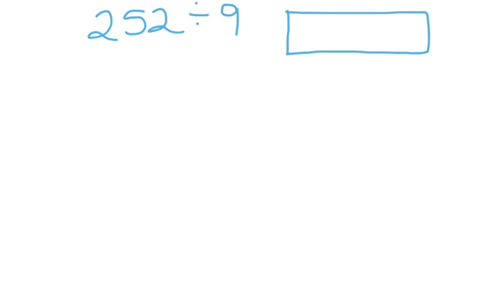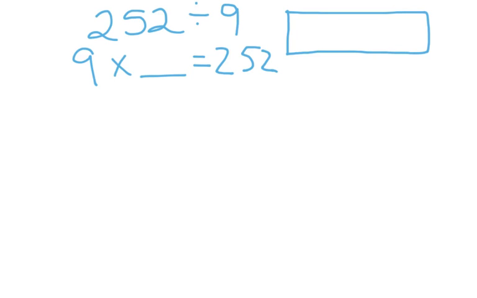Well, the place value strategy, believe it or not, is one of them. Here's the thing that we want to try to figure out. Another way of looking at 252 divided by 9 is 9 times something is going to give us 252. Well, obviously, this is not one of our basic facts, right?